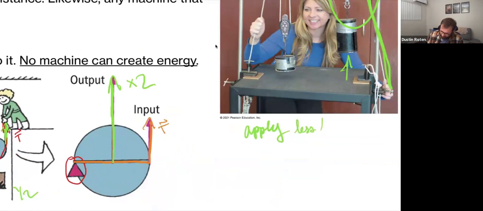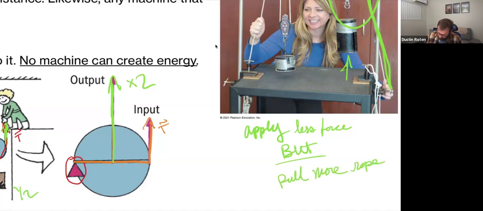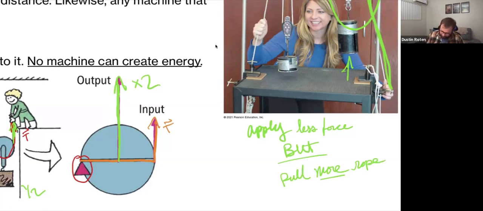Apply less force, which is good. We want to be lazy. We want to be able to apply less force, but we have to pull more rope to do it. So the less force we want to have to deal with, the more we're going to be pulling the rope.